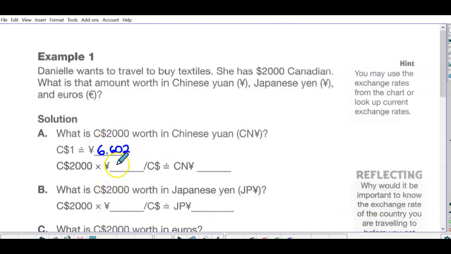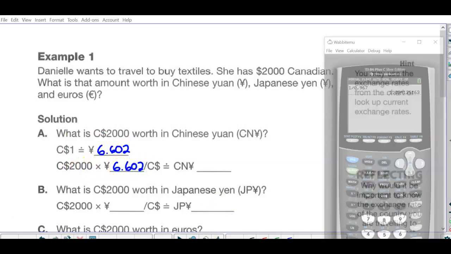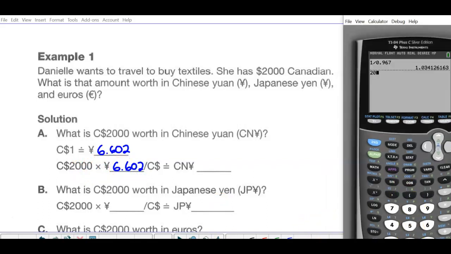So 6.602 is what we're going to multiply, because if we know what that 1 Canadian dollar is worth, and we have 2,000 of them, then that's just a multiplication question. So 2,000 times 6.602. Oh, something happened there.